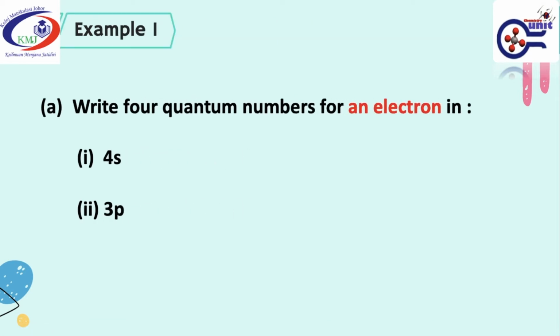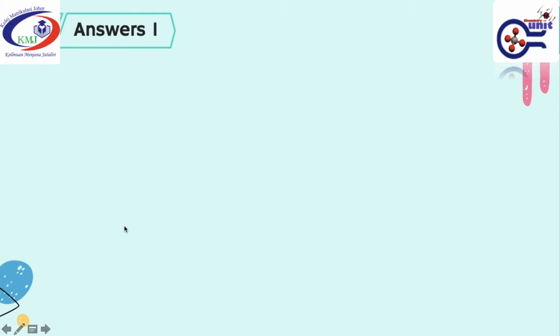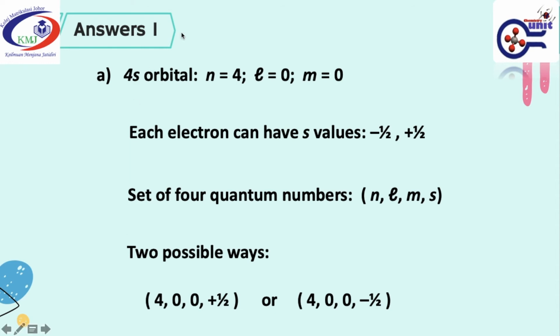Example 1. Write 4 quantum numbers for an electron in 4s and 3p. For the 4s orbital, n is equal to 4, L is equal to 0 because it is an s orbital. When L is equal to 0, m is equal to 0. Each electron can have S values of negative half and positive half.